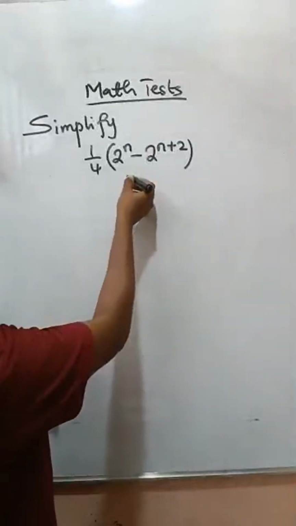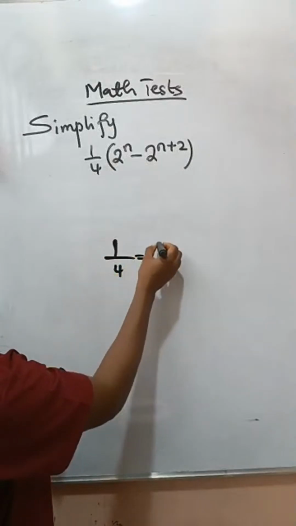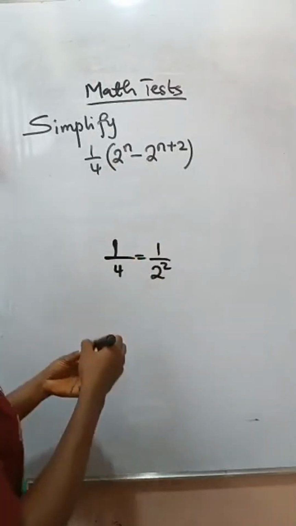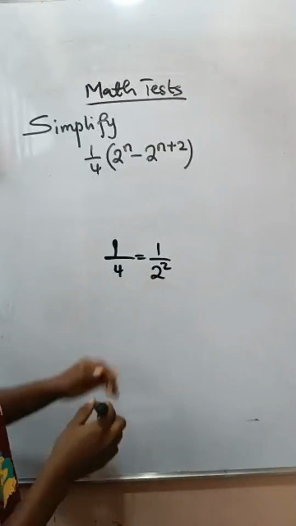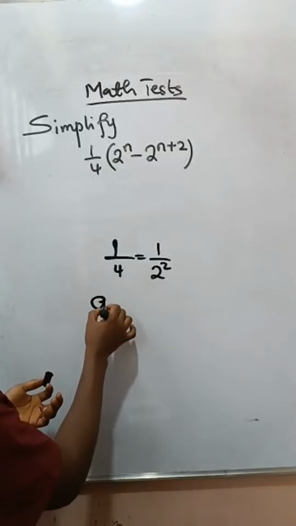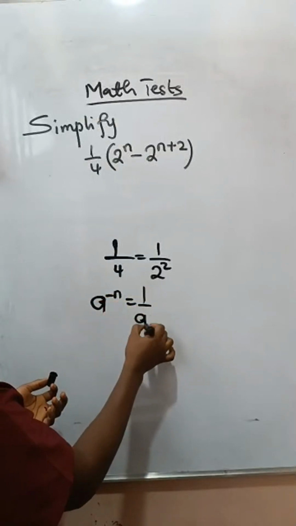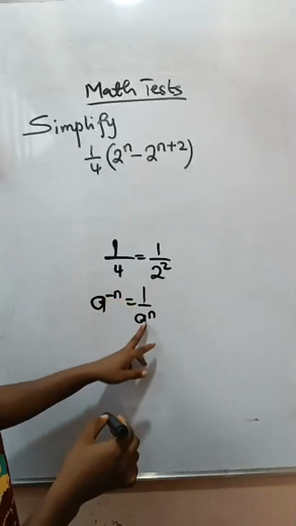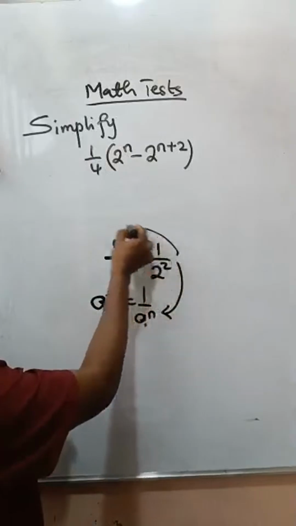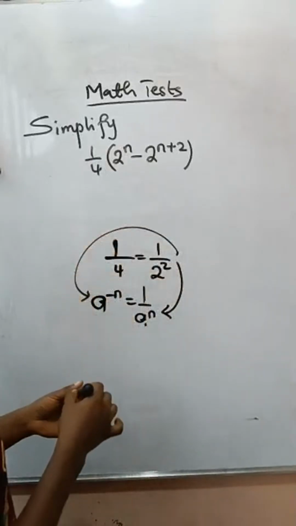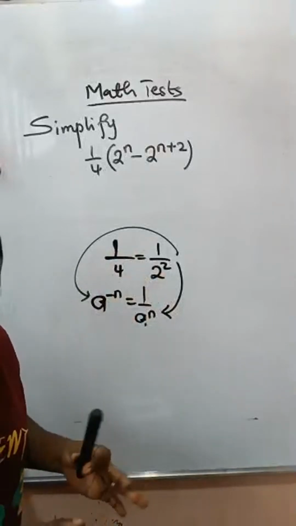If you look at this equation, remember that 1 over 4 is equal to 1 over 2 squared. Then remember that a to the power of minus n is equal to 1 over a to the power of n. So you can see that this is in this form. If I want to take it to this form, then I need to remove the 1 over and introduce a negative sign to our 2.